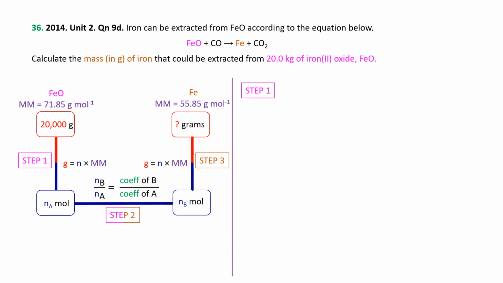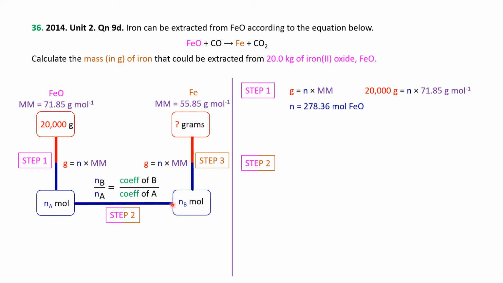So step 1 is where we go from the grams of FeO to the moles of FeO. Throw everything into the grams is moles times molar mass relationship: 20,000 grams, moles times 71.85. Moles is 278.36 moles, and so that's what's now in this box.